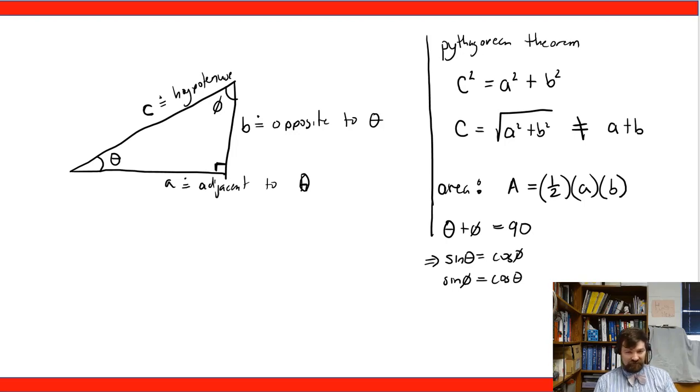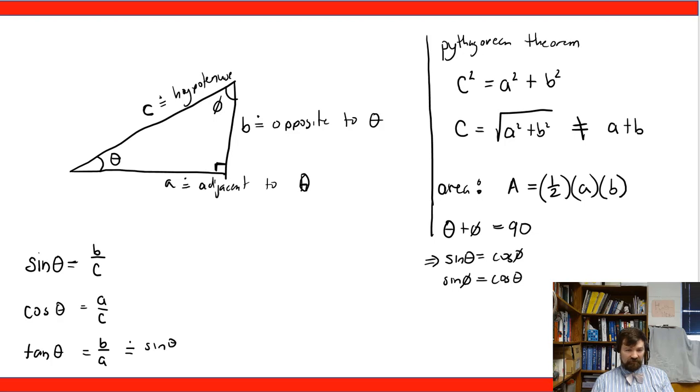Okay, so now let's focus on theta. So sine of theta is going to be side length B divided by side length C. Cosine of theta is going to be side length A divided by side length C. And tangent of theta is going to be side B divided by side A. It's always the sine over the cosine, so you could also say sine theta over cosine theta.